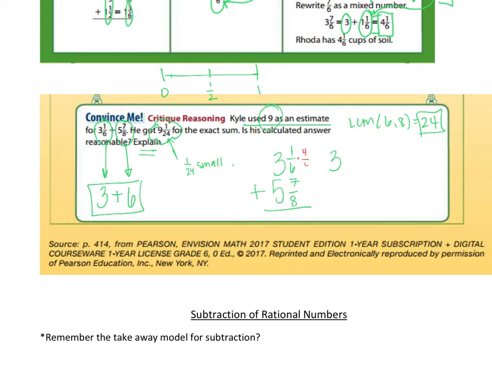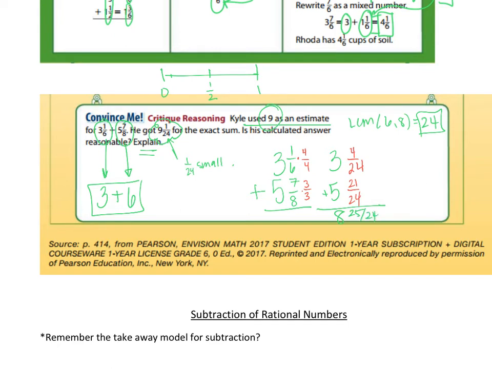Let's see, top and bottom we'll need 4, so that's going to be 4/24. And on the bottom we're going to need 3, so 3 over 3. So we're going to have 21 over 24, and we have 5 here. So altogether we're going to get 8 25/24.